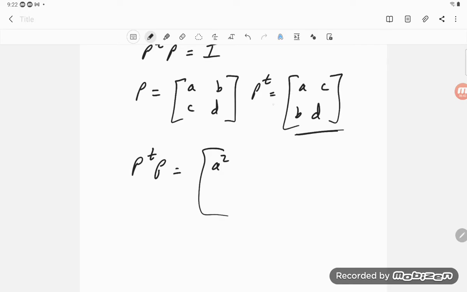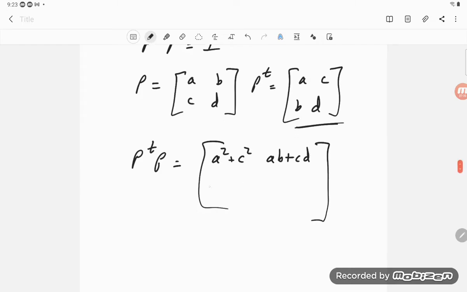I get A squared plus C squared here, and then AC dotted with BD. Theoretically, we don't know the dot product yet until later in this chapter, but this is AB plus CD.